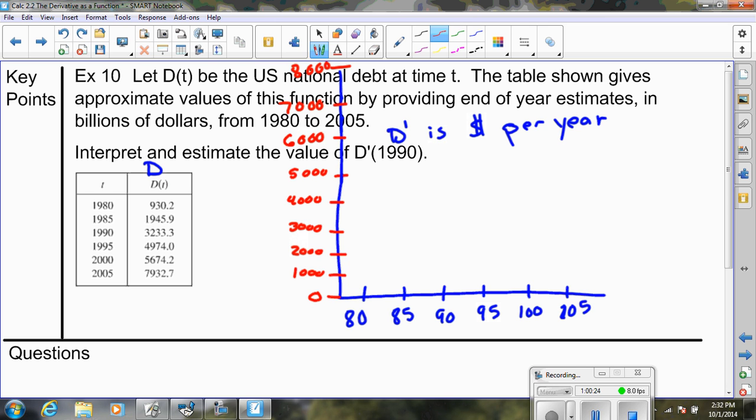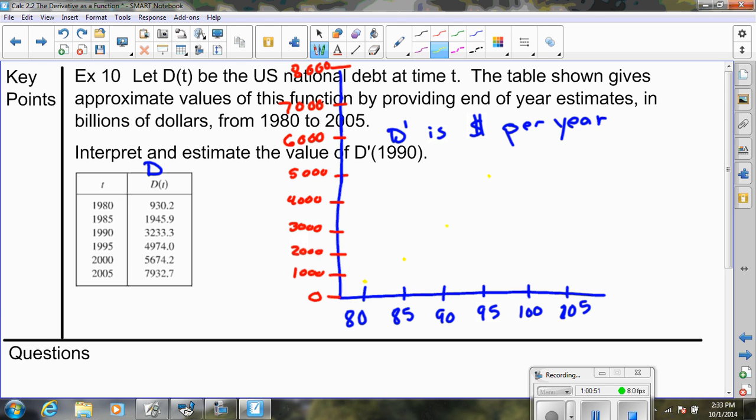Well, we can start plotting the points and say 1980 had 930. And I'm going to use this in yellow. And 85 was 1945. 1990 was 32, 33. So about there. Then we had a little bit below 5,000.